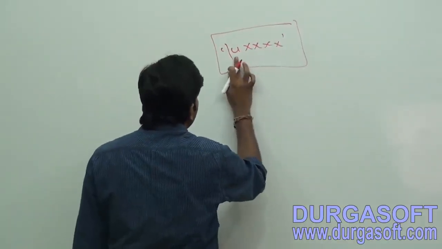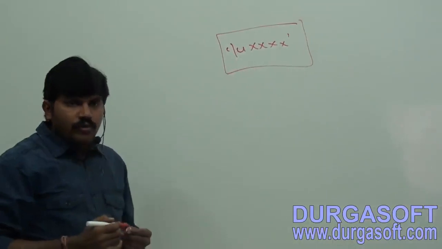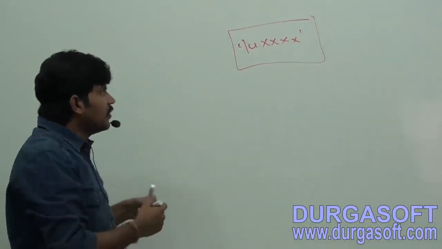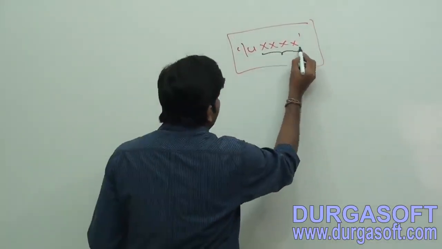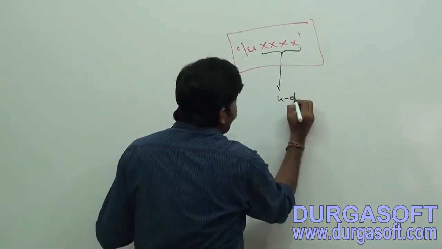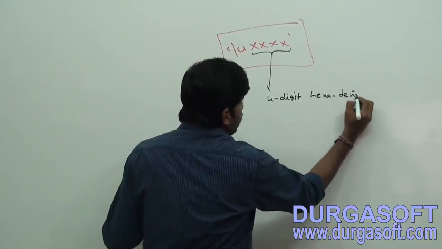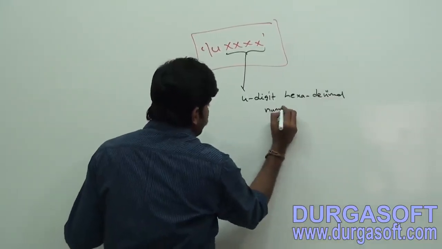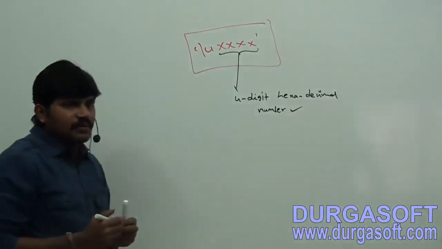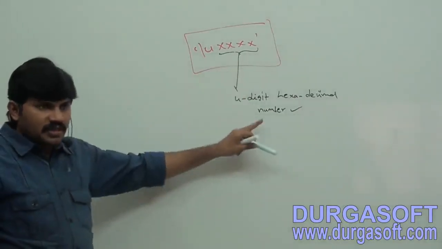Are you getting it? The 4-digit hexadecimal number is nothing but like this. I hope it is clear for you, right?